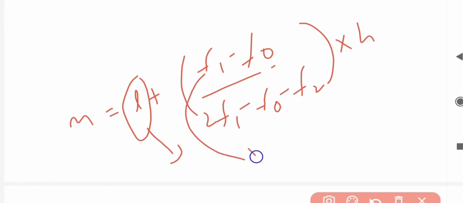F1 means the frequency of the modal class. F0 means the frequency of the class preceding the modal class. F2 means the frequency of the class succeeding the modal class. H means the height of the class. Okay. Next.